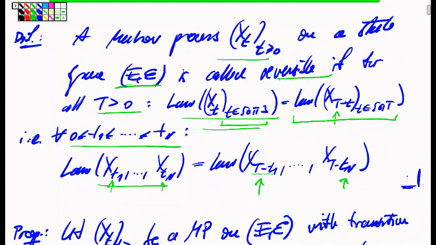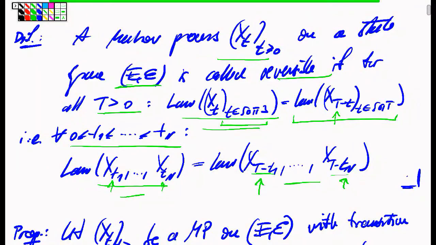So here you see that you really run backwards in time because these time points at which you evaluate the trajectories are actually decreasing. So this is a backwards trajectory that you evaluate on this side, and here you evaluate the forward trajectory on the corresponding time points.